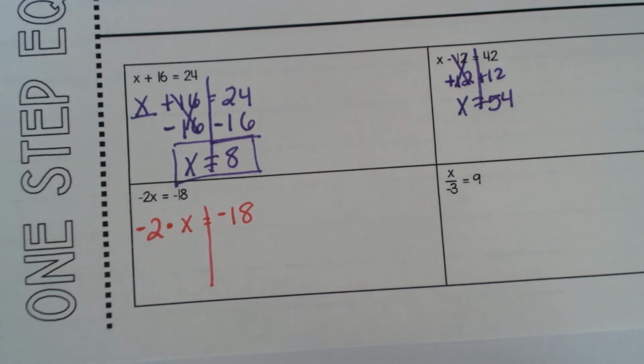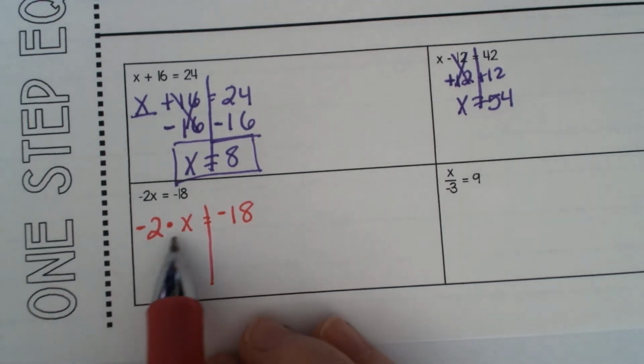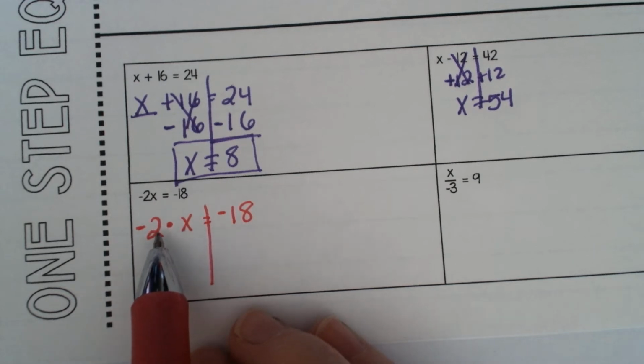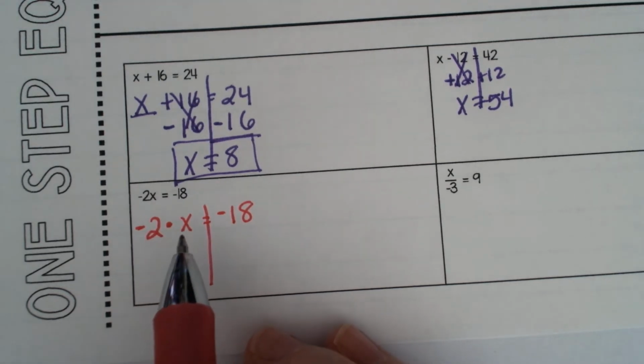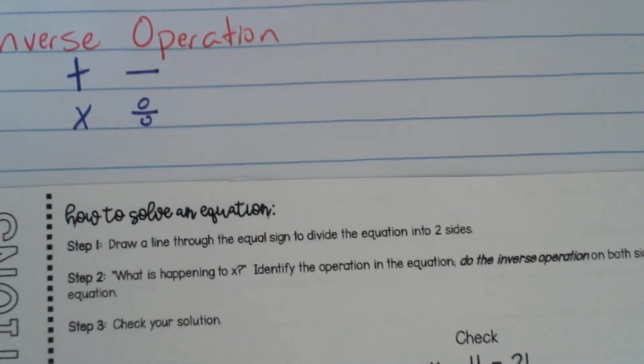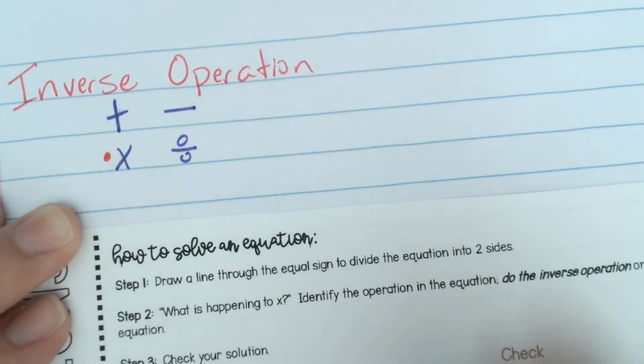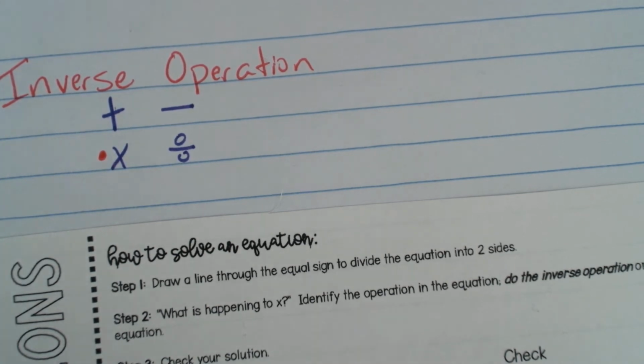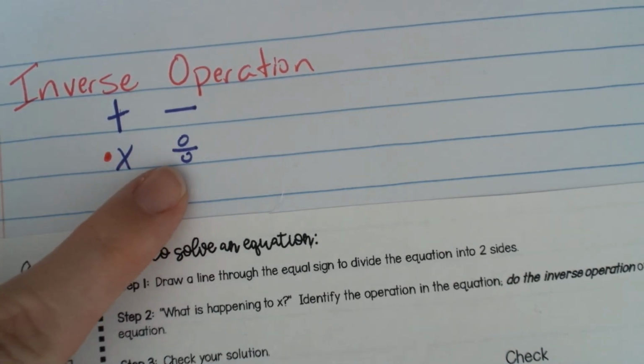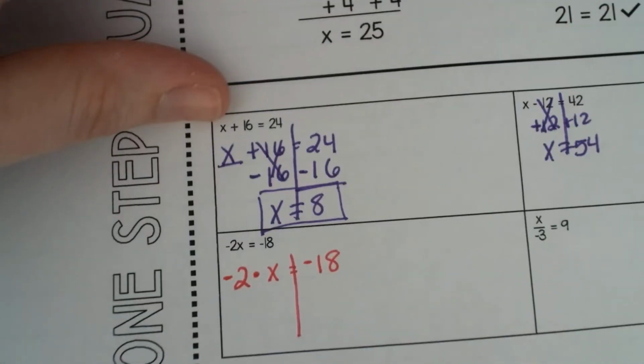So now we can draw our line down from the equal sign. Now here we're multiplying. I put a dot instead of an x because I didn't want negative 2xx. That'd be too confusing to look at. So you can put a little dot right here next to your multiply sign if that will help you remember that. The opposite of multiply is divide, right?